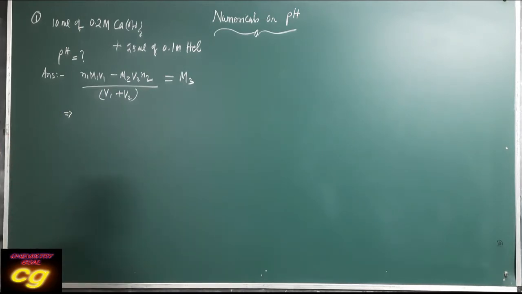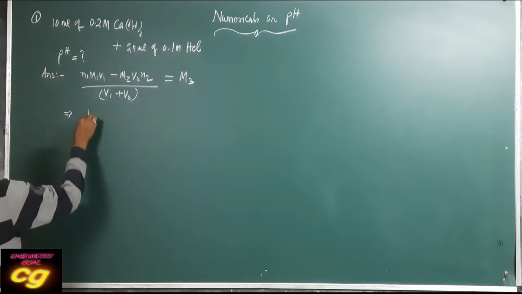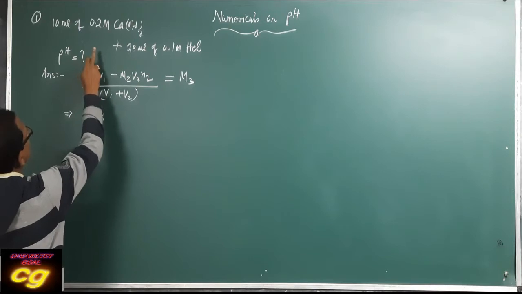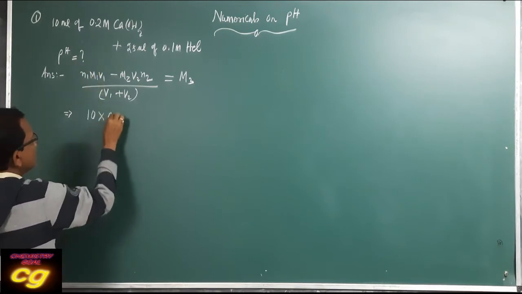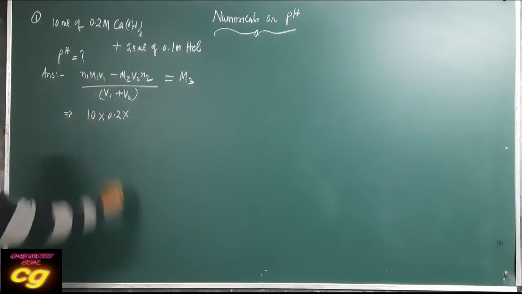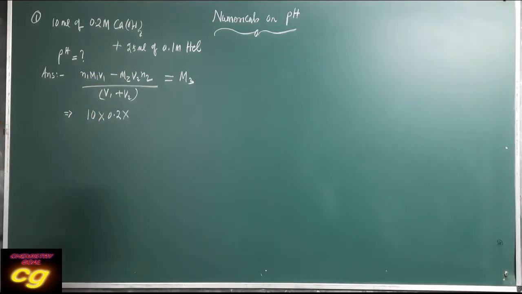So here V is 10 ml and the concentration is 0.2. And here small n means the acidity and basicity of this acid and base solution.